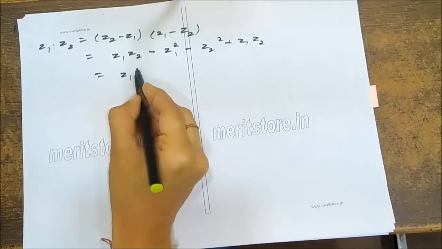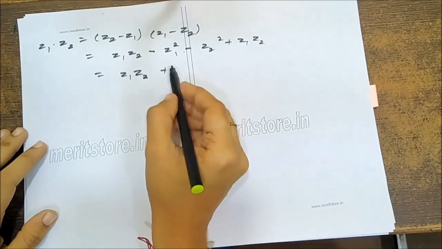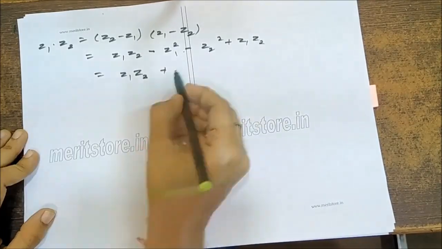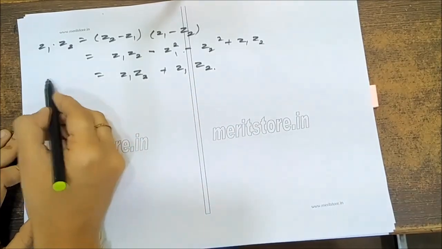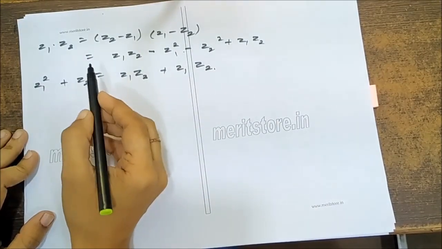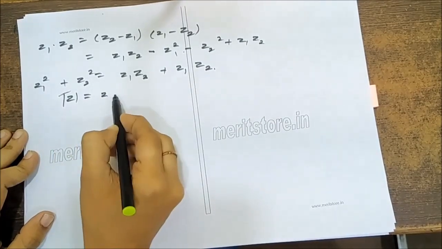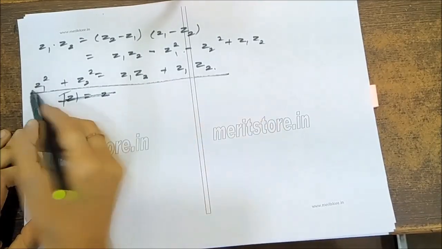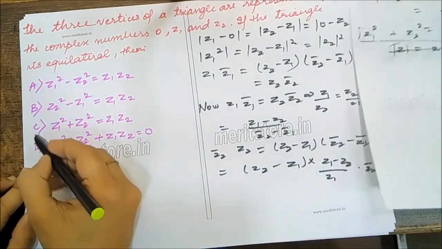So what you get is z1 z2 plus z1 z2, z1 the whole square plus z2 the whole square. So your modulus is equal to this, this is the answer, which is your option number C.